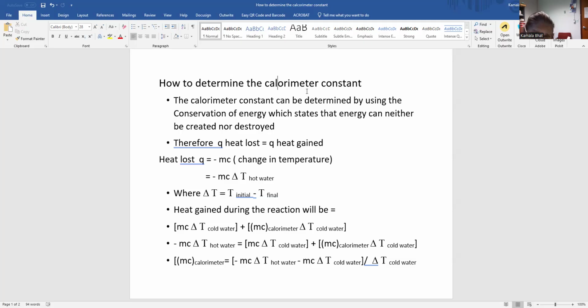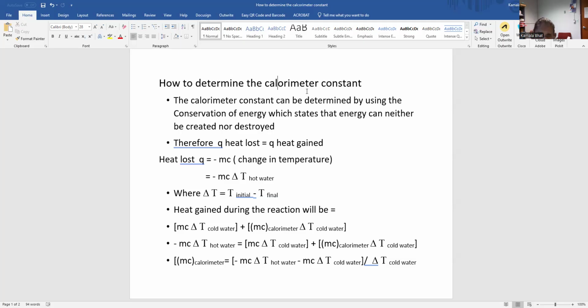And therefore, if we know the heat Q lost by the hot water, and the amount of heat gained by the cold water, then that difference, if you divide it by the change in temperature ΔT for the cold water, you'll get the calorimeter constant as shown here.